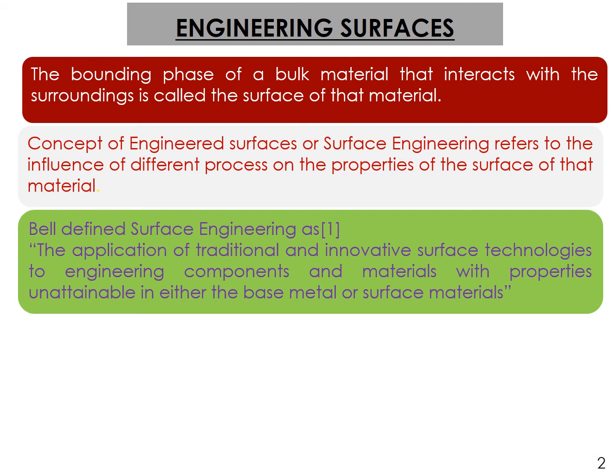So here he says we are going to apply some traditional or innovative methods, or a combination of those methods. The objective is to modify properties which we cannot get in other cases, enhancing them with the existing, old, or newly proposed methods.